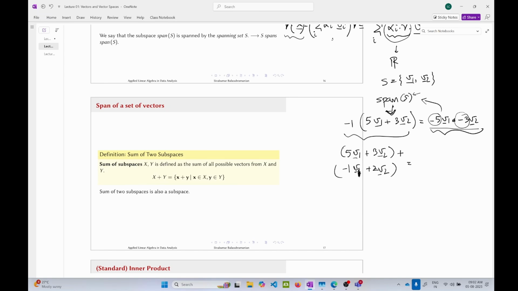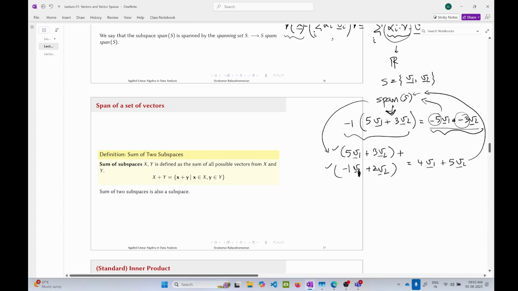We can add the V1 elements and the V2 elements. Both of these came from span of S. We've now produced another vector which is a linear combination of V1 and V2. That means this also has to be here, so it's closed under vector addition also.